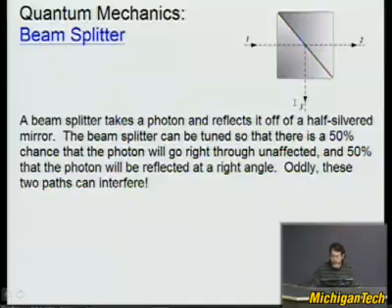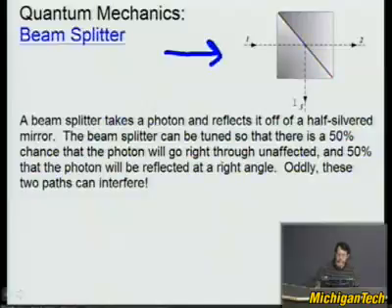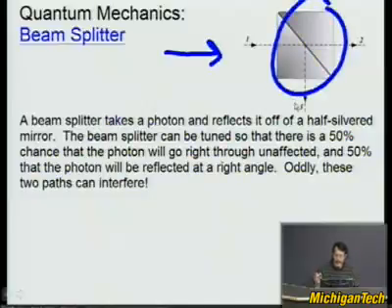First, I need to define a common thing that's going to be occurring in the next two lectures, a beam splitter. So let's say you have light that comes in here, and here is your beam splitter, which is essentially a half-silvered mirror that runs like that. When that happens, two things can happen to your photon.